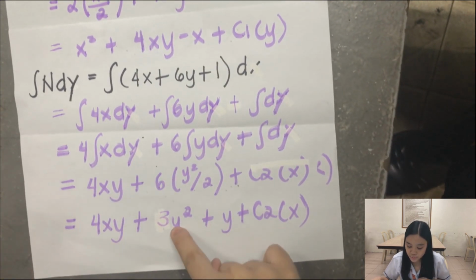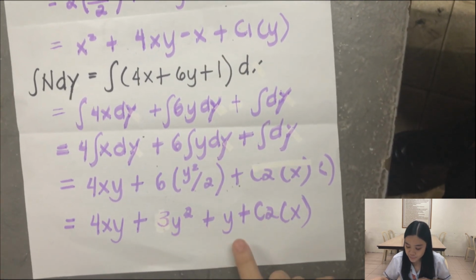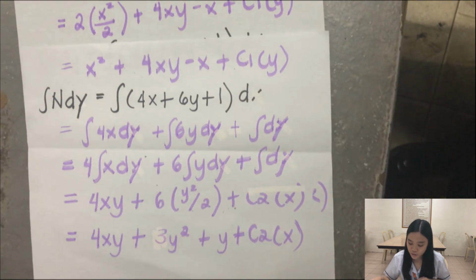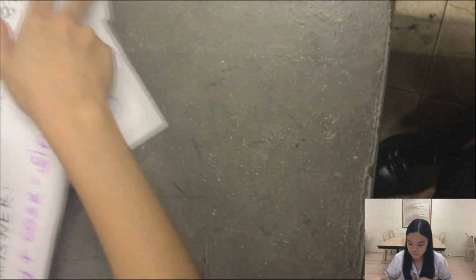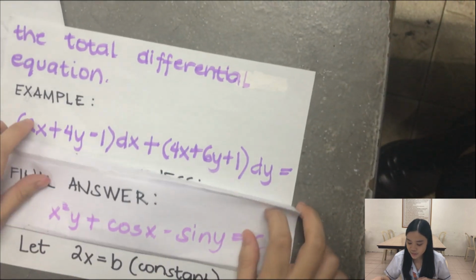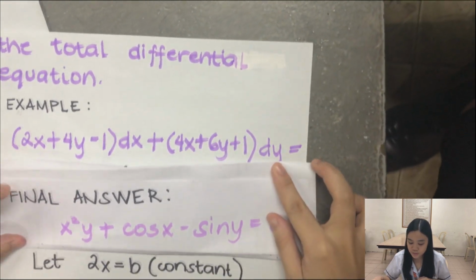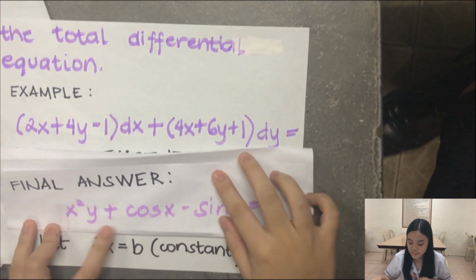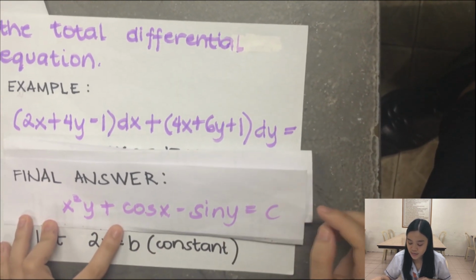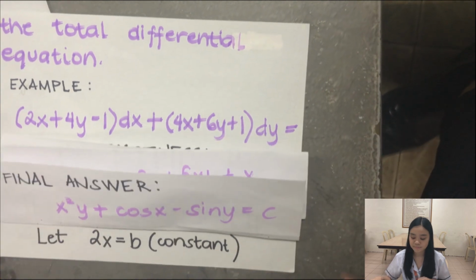Then include 3y squared and the minus x and plus y. So we have all our terms there, and on the other side, we could just have some constant. And that's it. This is our function with the original properties that we started with: x squared plus 4xy plus 3y squared minus x plus y equals c.